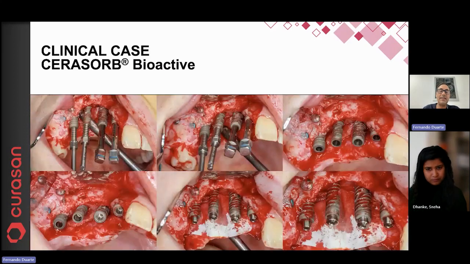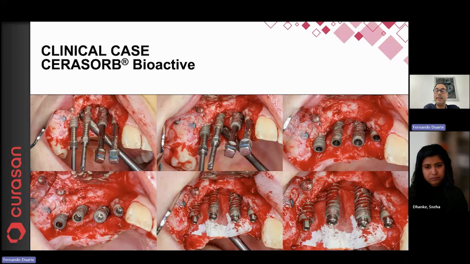After 6 months, we decide to reopen our bone graft and place the implants. This first surgery allowed us to place 4 implants with primary stability. I'm talking about 40 Newton centimeters of primary stability, which is very, very good in regenerated bone. We place 4 implants, as you can see there.